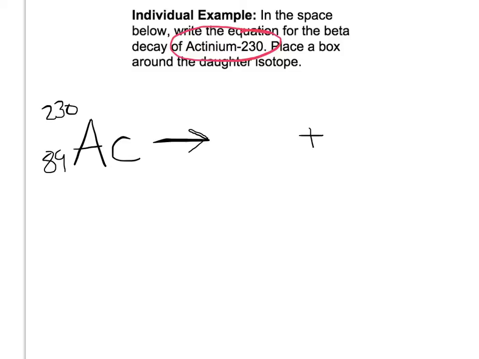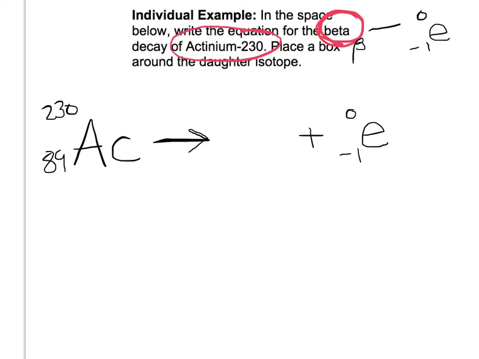I know that the beta particle is going to be an electron, -1 and 0, because that's what a beta particle is. When we say it undergoes beta decay, we automatically should be thinking e, -1, 0, because that is the symbol for beta.